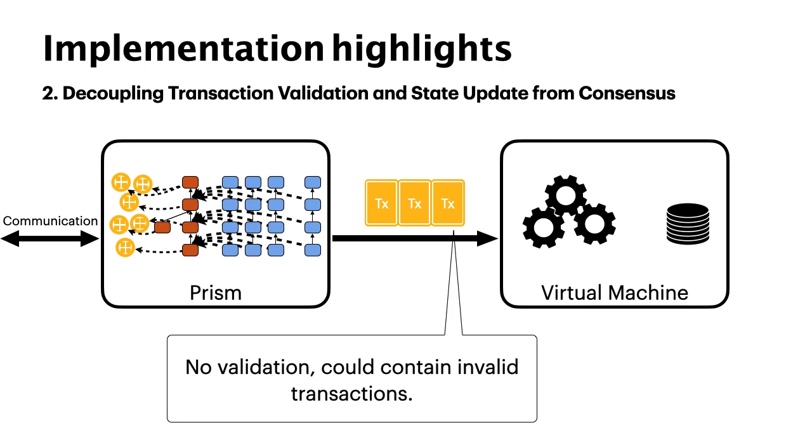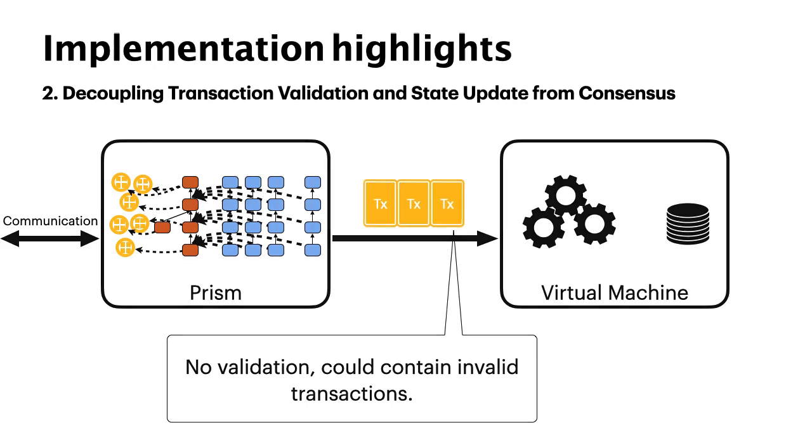This deviates from traditional blockchains such as Bitcoin or Ethereum, which have to make sure that every transaction in the blockchain is valid. But does this cause any problem for Prism? The answer is no, because the virtual machine is smart. It runs smart contracts. So the virtual machine itself can decide whether the transactions are valid or not.